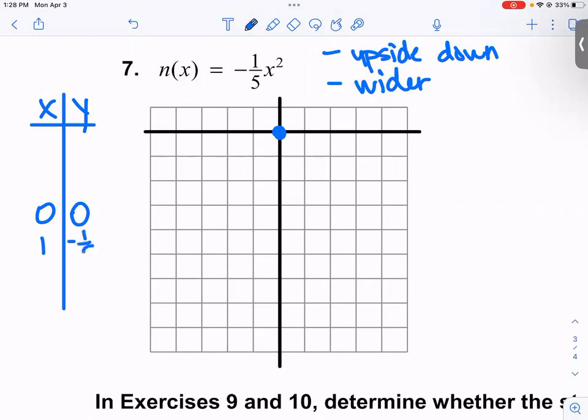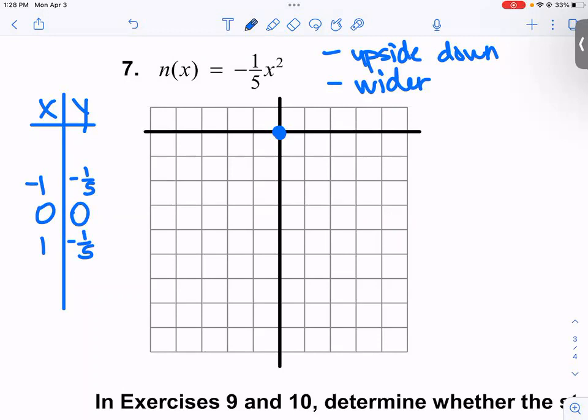We get negative 1/5, don't we? And I don't really want to graph 1/5 and then 4/5 and then 9/5. What is maybe a number we could plug in that wouldn't give us a fraction?